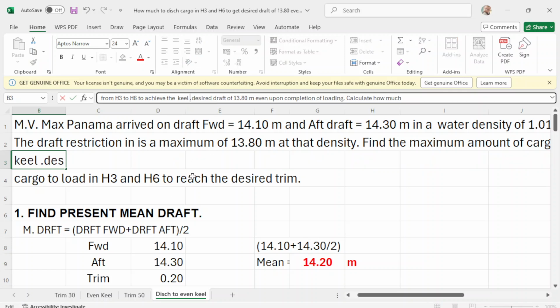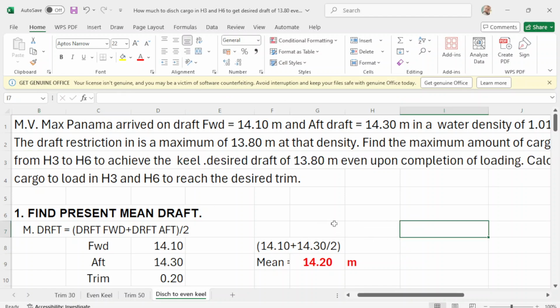Desired draft of 13.80 meters, even keel upon completion. This is even keel.